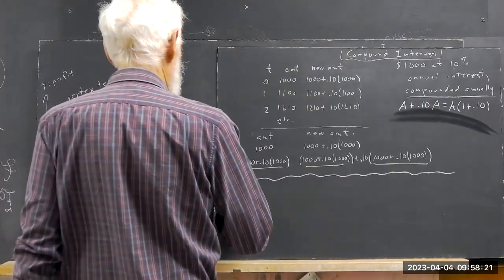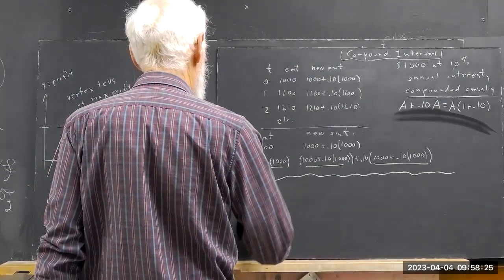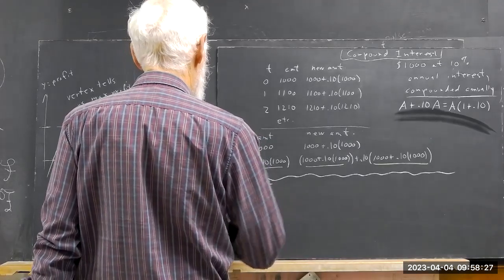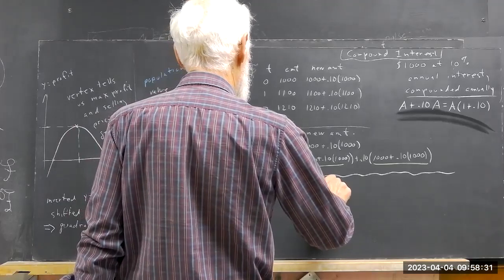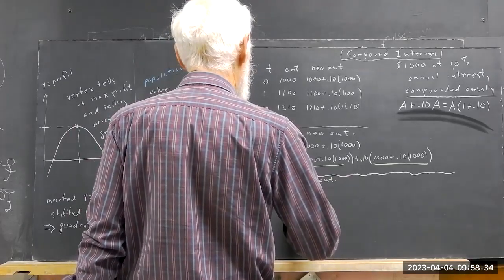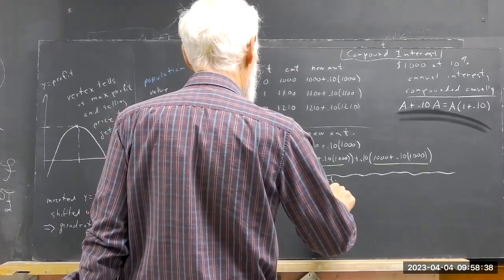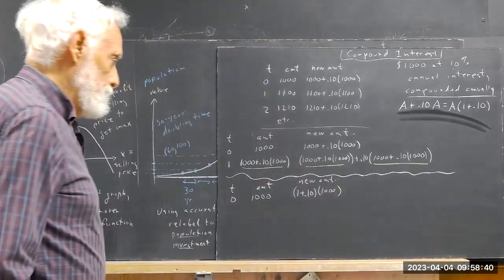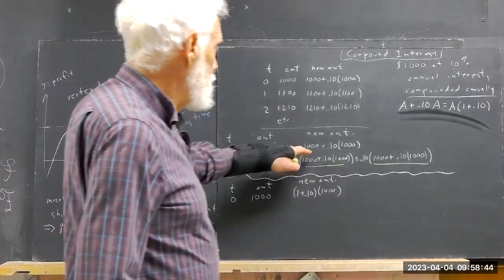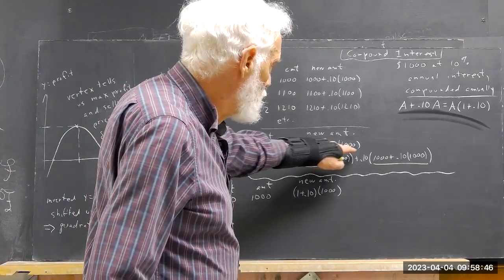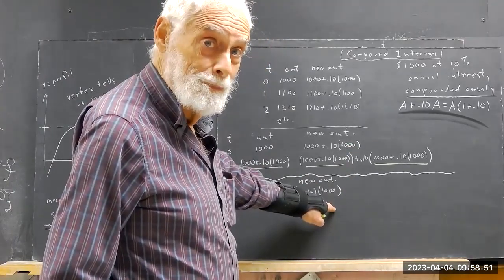So I'm going to write the table again. Instead of writing 1,000 plus 0.10 times 1,000, I'm going to do just 1.10 times 1,000.